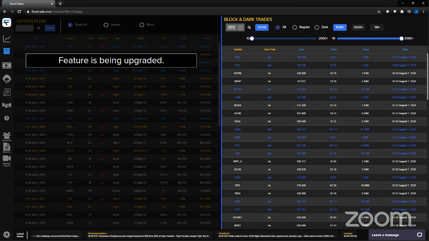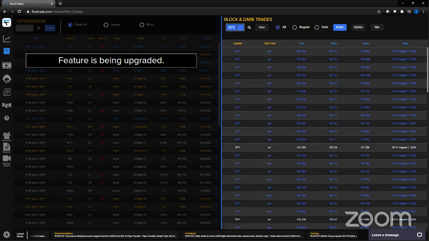But this is the one, like I said, block trades are near and dear to my heart. So I wanted to show you guys SPY, because it's crazy how these computers or institutions are all trading these same sizes each time. This one came through for 251 with 36, right?